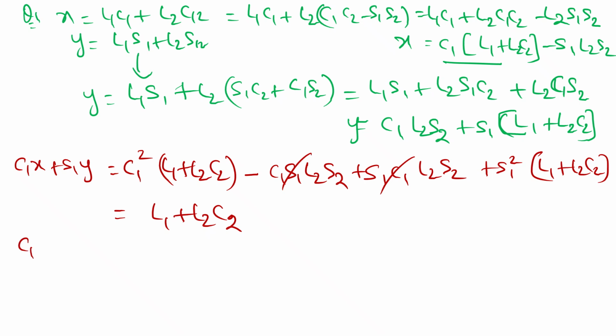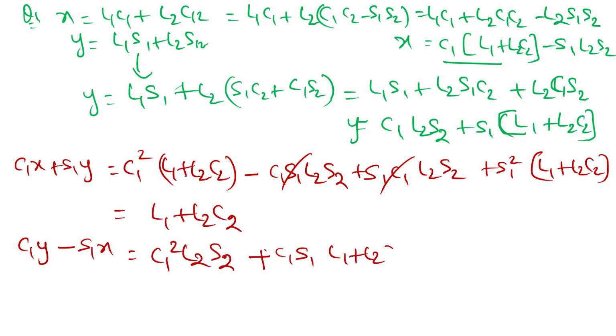Next one is C1Y minus S1X. Let's multiply: C1 should be multiplied by the Y term, so you will get C1 square L2 S2 plus C1 S1 L1 plus L2 C2. Then minus S1X, so minus S1 C1, L1 plus L2 C2.